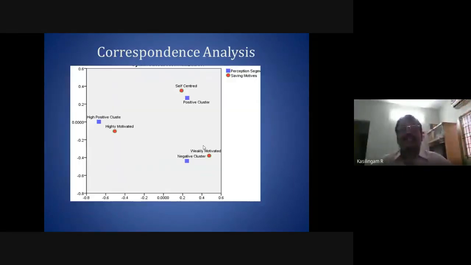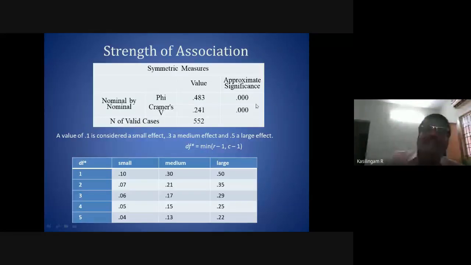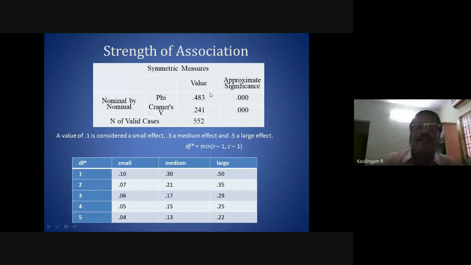Here I have not written phi and Cramer's V in full. Now I will go here. That is the strength of association, the thickness of association. Otherwise, statistically, they will call it effect size.